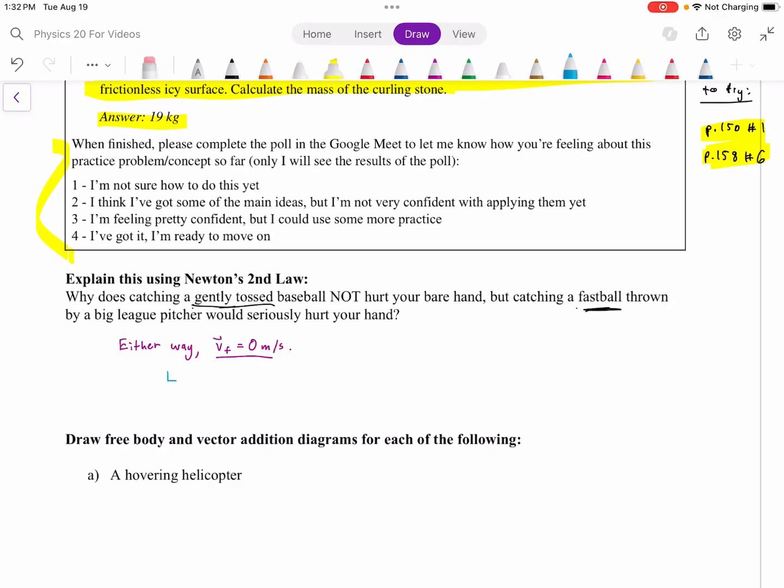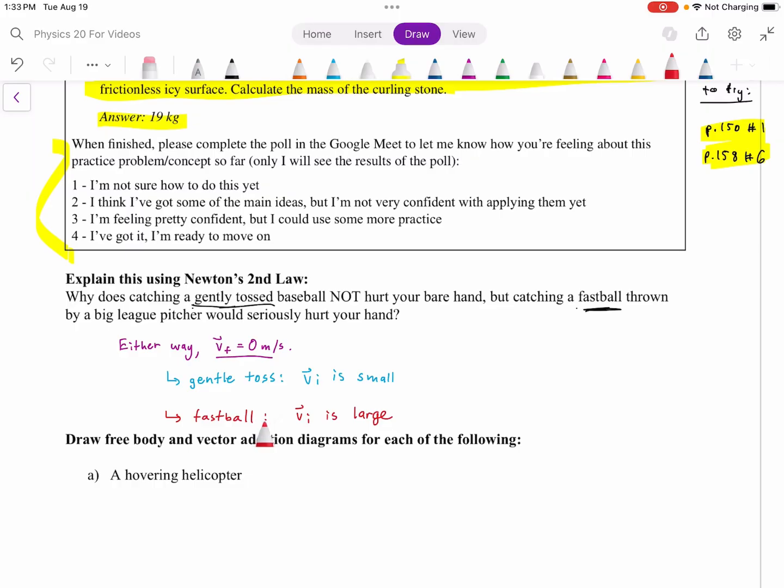Now, for the gentle toss, before you caught it, it was traveling through the air with some velocity, right? We can call that its initial velocity, the velocity it had before you caught it, okay? Now, compared to the fastball, that initial velocity for the gentle toss is a lot smaller, right? VI is small for the gentle toss and very large for the fastball.